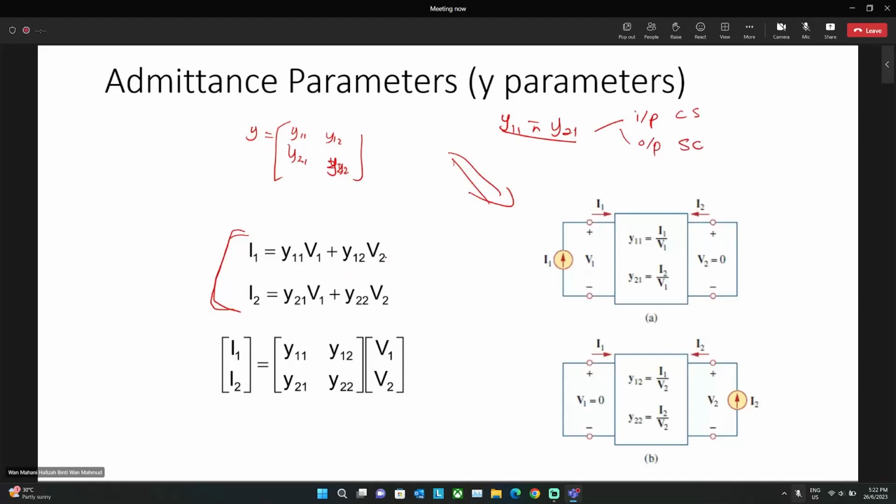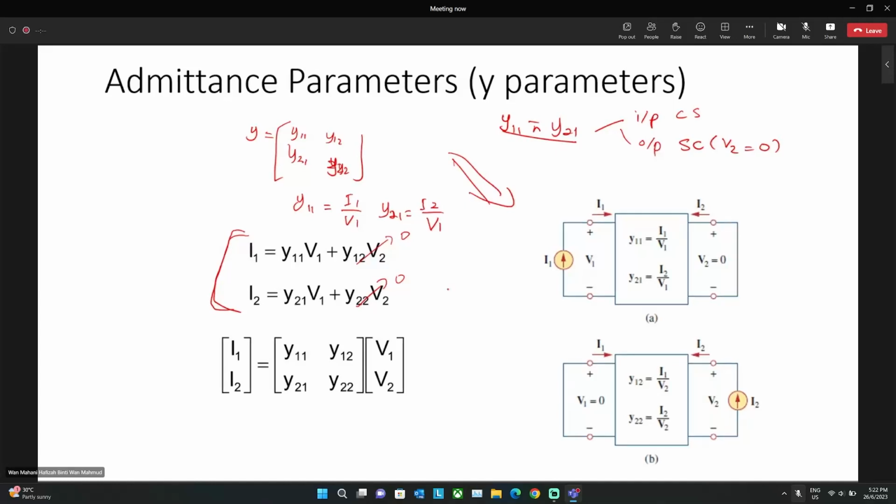Kenapa? Sebab bila output port kita short circuit, kita nak V2 sama dengan kosong. So bila V2 kosong, yang tinggal cuma first equation sahaja. So that's why you boleh kira Y11 sama dengan I1 over V1 and Y21 equals to I2 over V1.